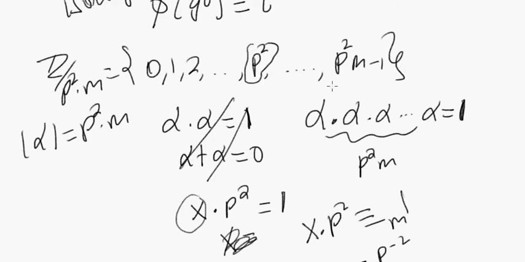What are we going to multiply by p squared in order to get something that's 1 mod m, congruent to the identity? In this case, it's 0. Well, how about m? What's p squared times m? That gives us 0. Isn't that the identity? Can anything smaller than m be multiplied by p squared to give us the identity?